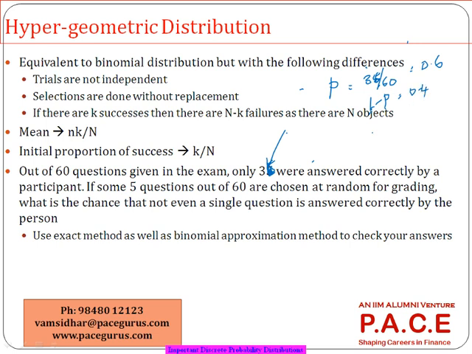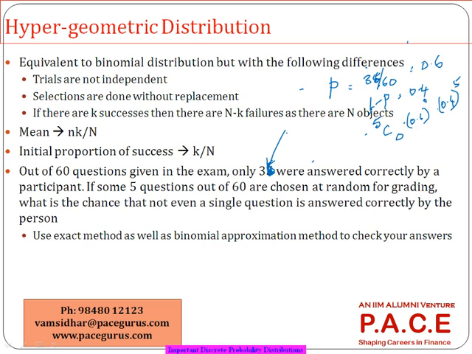From here, you can use your binomial distribution. Let's say 5 questions attempted, 0 correct, 0 successes. 5C0 is 1, 0.6 power 0 is 1, times 0.4 to the power 5.